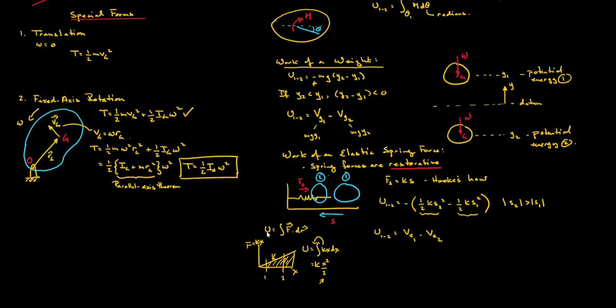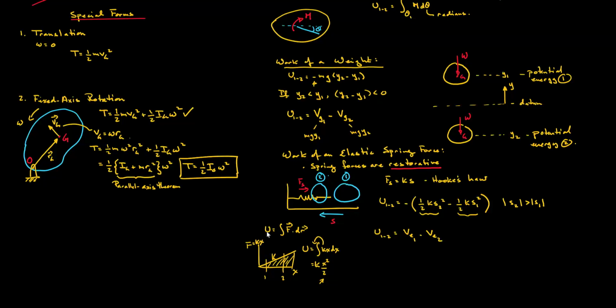Finally, we looked at the different forms of work that can be done on a rigid body. We looked at the most general form of work, which states that the work done by a force is equal to the component of that force acting multiplied by the displacement.